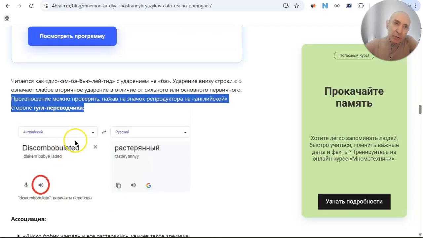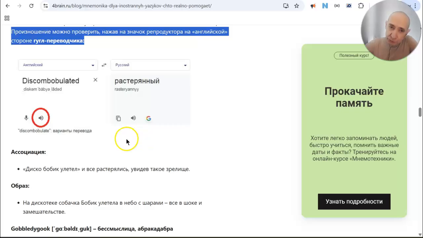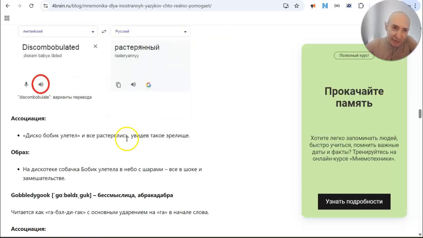Okay, but anyway, so we had this word discombobulated, which means confused or embarrassed. So, ассоциация. Диско, Бобик улетел, и все растерялись, увидев такое зрелище. So, association. We already had this or a very similar sentence at the last lesson.